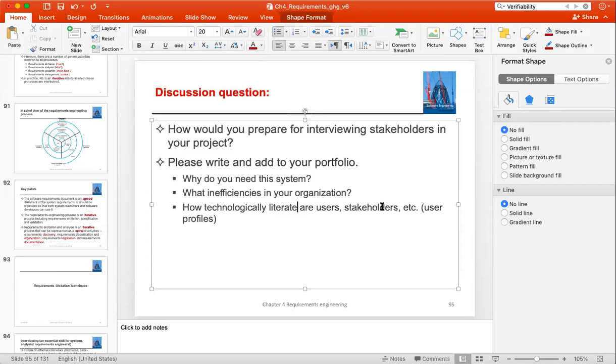Maybe you can also do that for stakeholders, but normally not all of them would use the actual system. The people who are going to interact directly with the system, we call them users. So that's why we make user profiles. But stakeholders can also be described, though maybe not in the kind of detail that you need to do for users. Okay, excellent. What else?